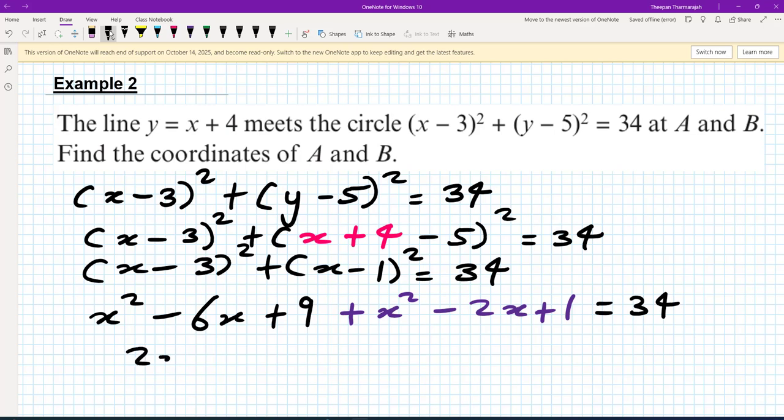So I get 2x squared minus 8x plus 10 equals 34. Minus 34 on both sides.